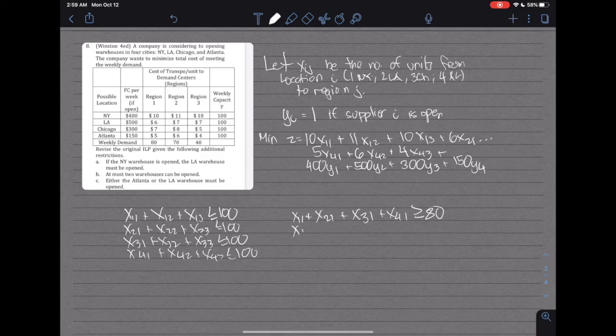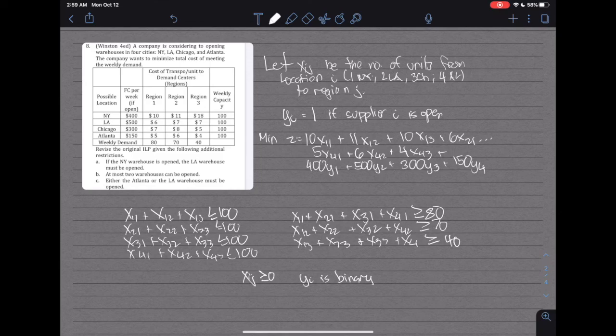For region 2, that's x12 plus x22 plus x32 plus x42 should be greater than or equal to the demand of 70. x13 plus x23 plus x33 plus x43 should be greater than or equal to the demand of region 3, which is 40. And of course, xij is greater than or equal to 0, and yi is binary.